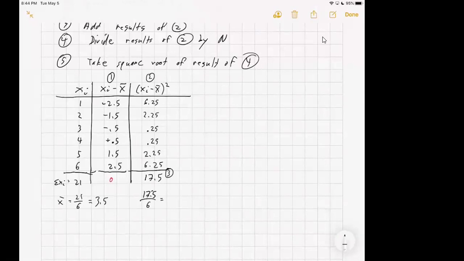That gives me 2.917. Just keep it in your calculator, because in step 5, I'll take the square root of the answer that I just obtained.